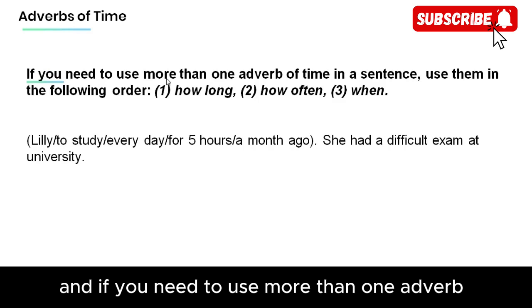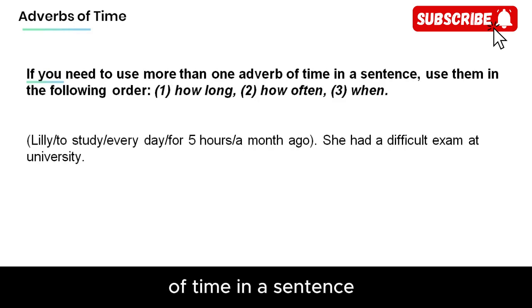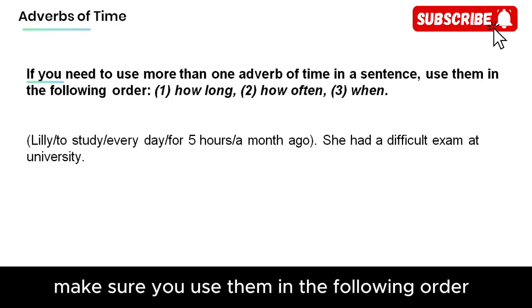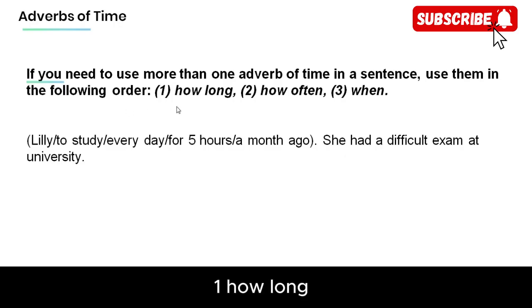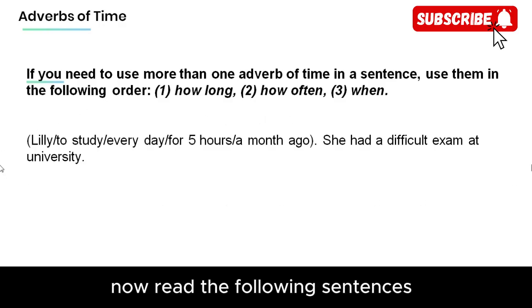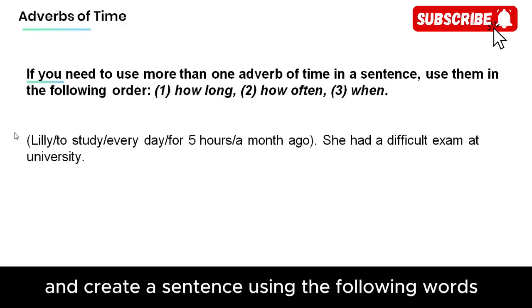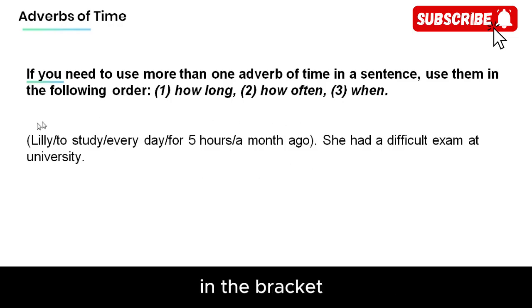And if you need to use more than one adverb of time in a sentence, make sure you use them in the following order. 1. How long? 2. How often? 3. When? Now create a sentence using the following words in the bracket.